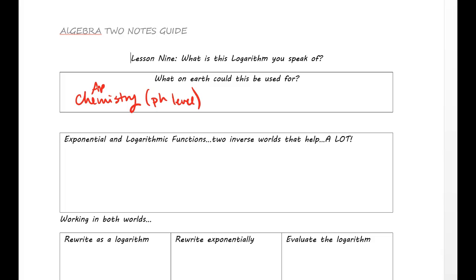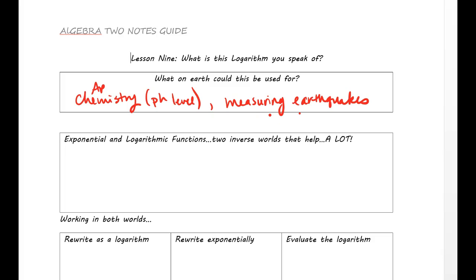Another thing that logs are used for is measuring earthquakes. I don't remember their profession, what are those called? Seismographs or something. But whoever the scientists are that use it, this is also a logarithmic function that's used. And that's your real world. This does happen to people in the real world. Sciencey people is what you're learning.